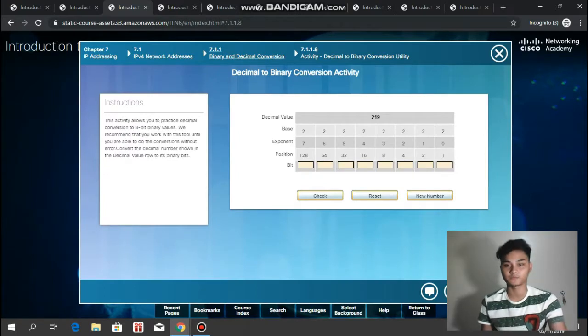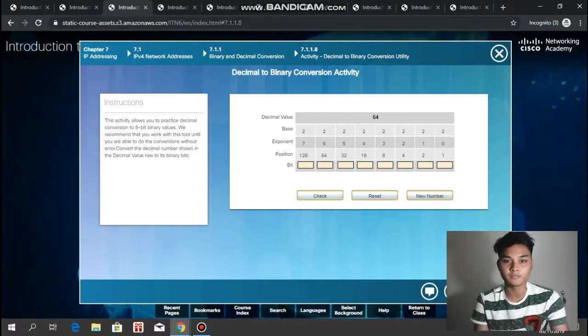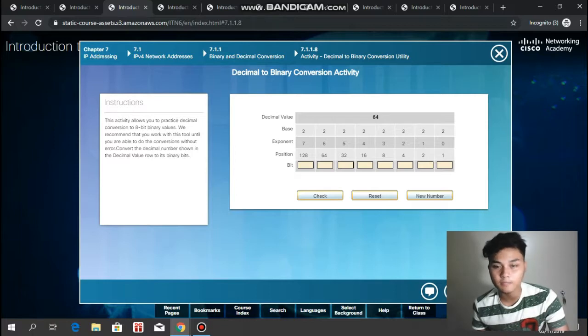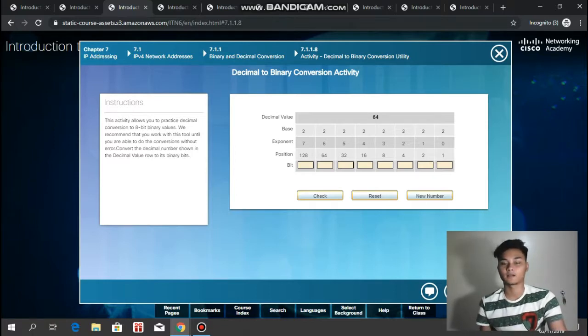Activity number 2. So activity number 2 is decimal to binary conversion. In activity 1, the decimal value is given, so we have to answer the bits.